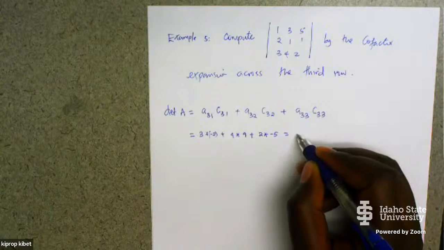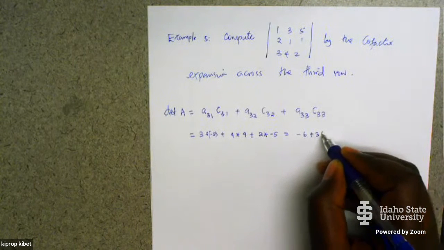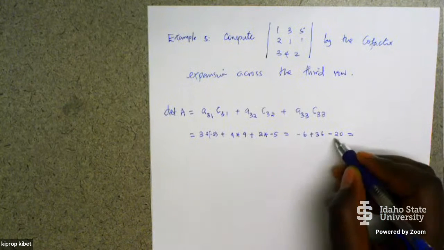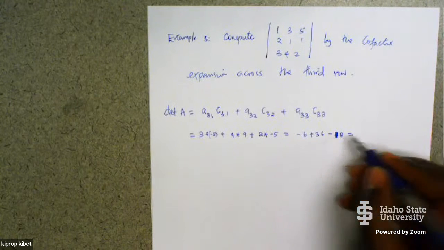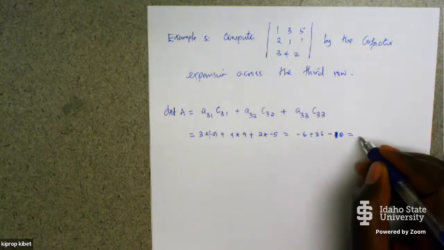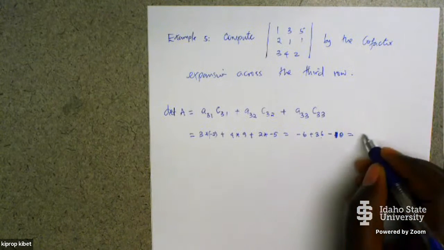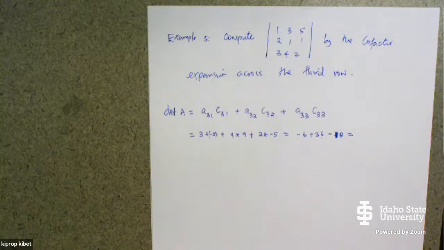This gives us -6 plus 36 minus 10, which is 30 minus 10, and this equals 20. You see how it comes about, right? That is how we do it.